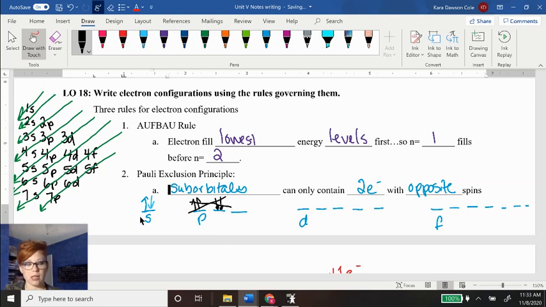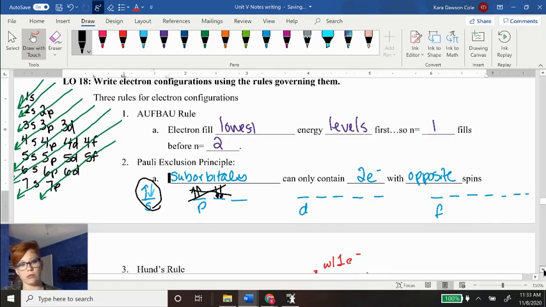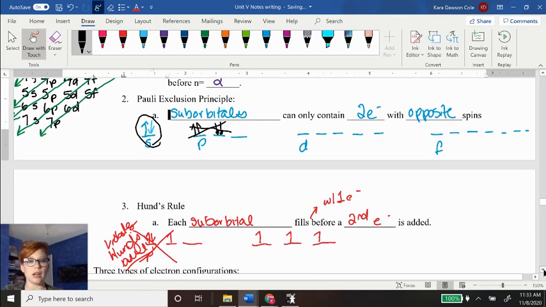They have to have 1 arrow up, 1 arrow down. And then the third rule is Hund's rule: each suborbital has to fill with 1 electron before being doubled up. Pauli's exclusion principle and Hund's rule are really for orbital diagrams.